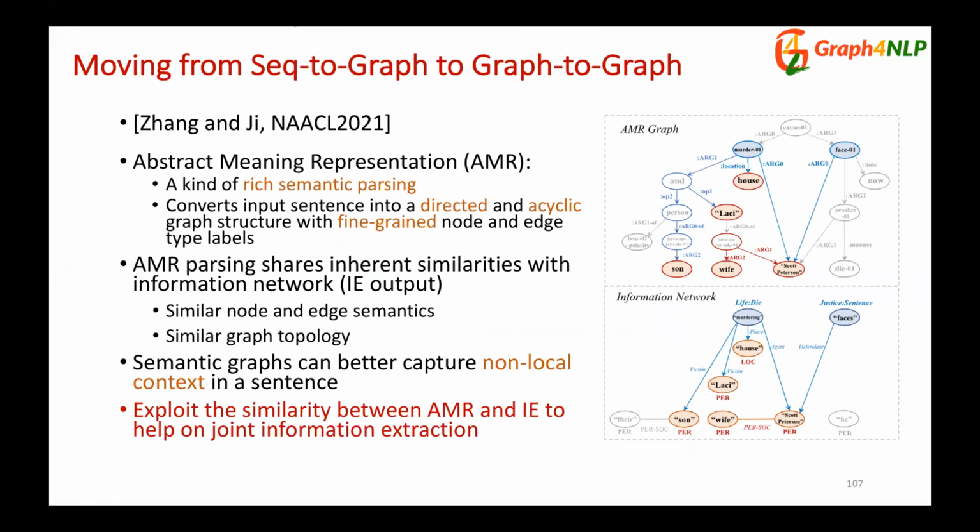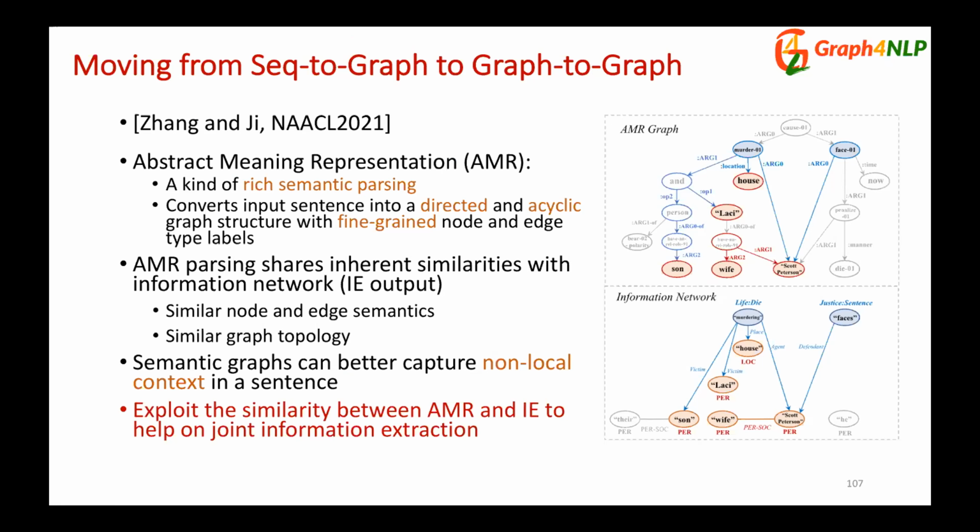Inspired by that, at the same time, my student Zixuan Zhang also had an NAACL paper. It's also about graph-to-graph encoding and decoding. The only difference here is instead of constructing a span graph, we are trying to leverage the existing symbolic representation, such as semantic parsing.